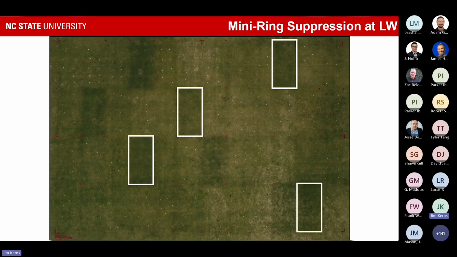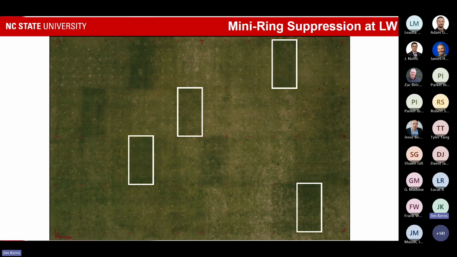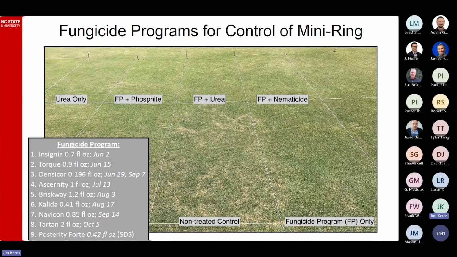But let me finish on this: look at a preventative program where we started on ultra dwarfs June 2nd, all the way to spring dead spot, and look at the control here compared to the non-treated. Okay, so yes, we can manage these things well if we get these targeted applications out there.